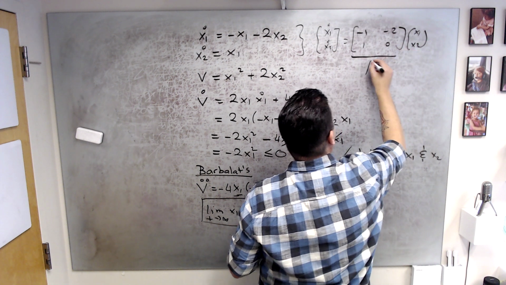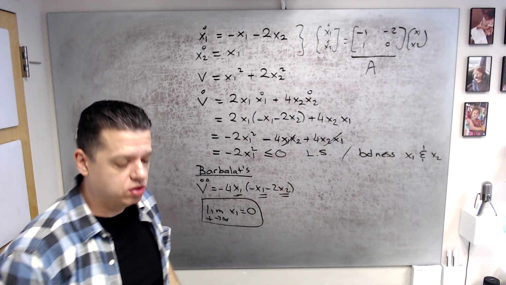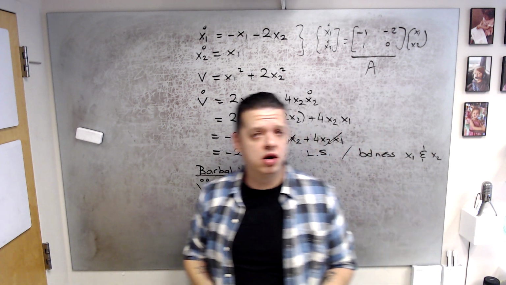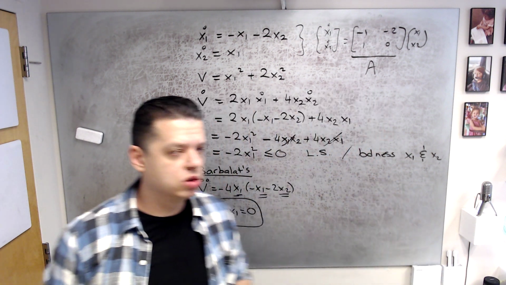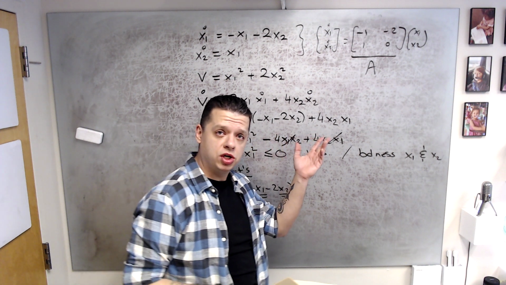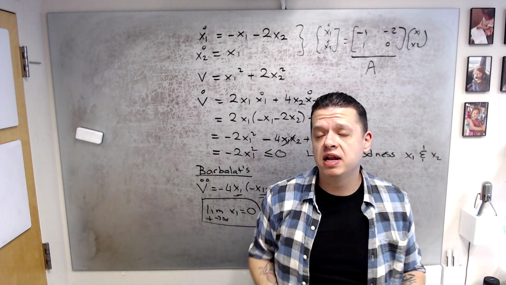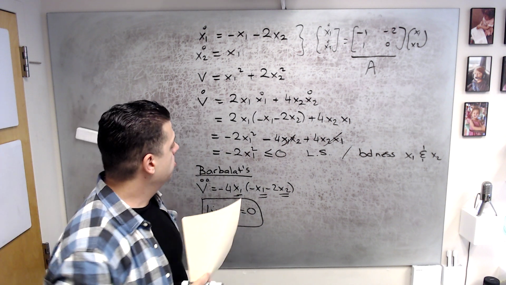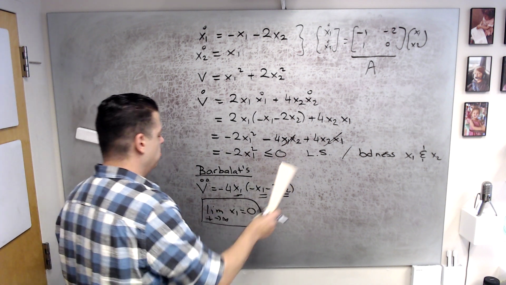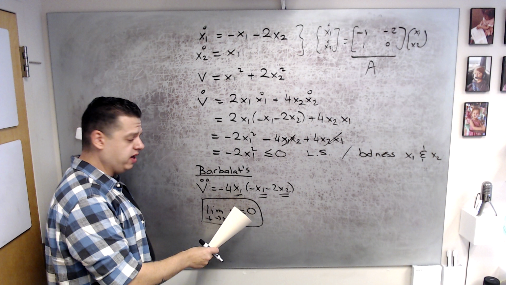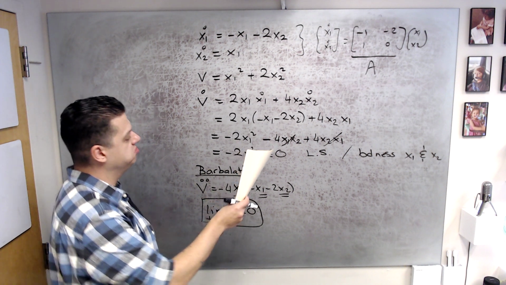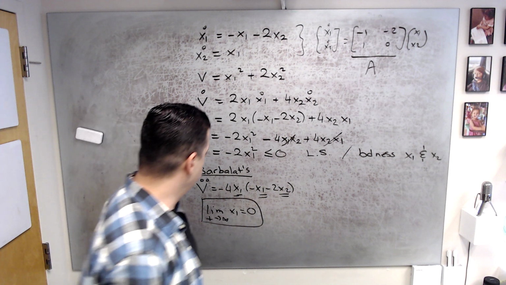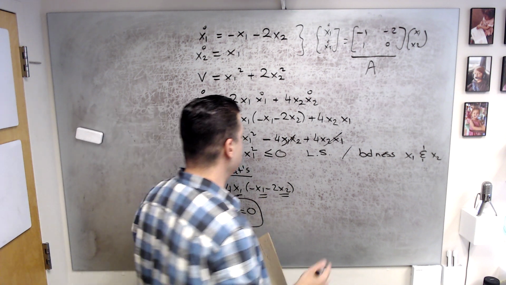Let's call this matrix A. The eigenvalues of this matrix are negative, they have negative real parts. So we know from the solution, and we can cover the solutions maybe in a different video, that x1 and x2 go to 0. At least we said x1 can go to 0, but can we do more than this? A stronger version of Barbalat's lemma is the LaSalle invariance principle.